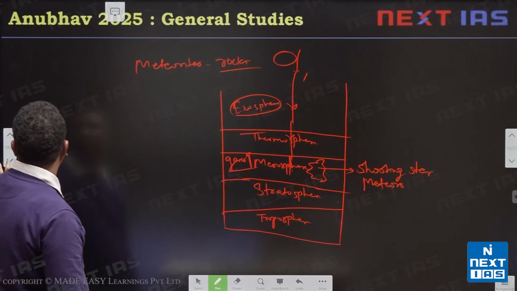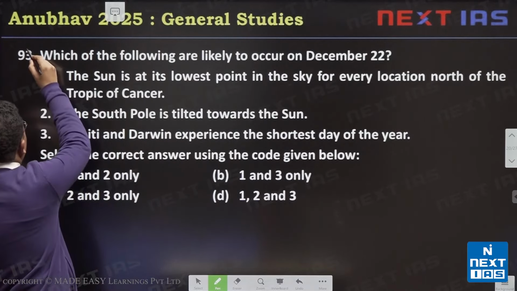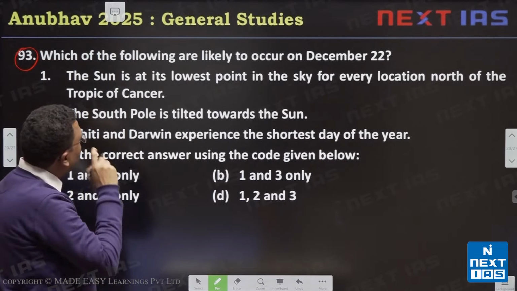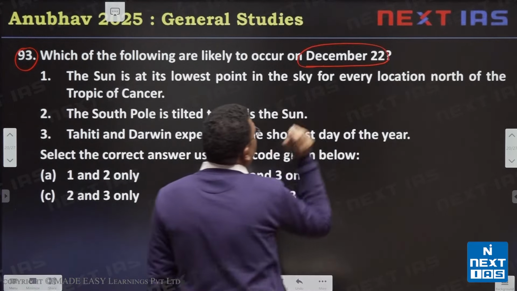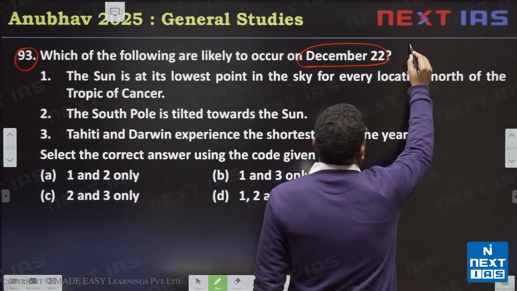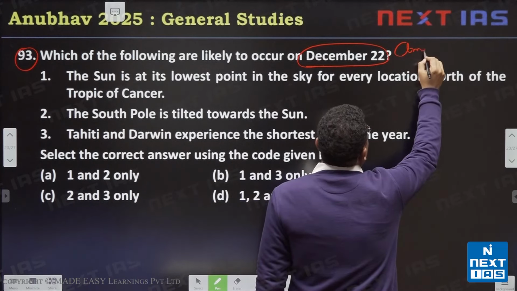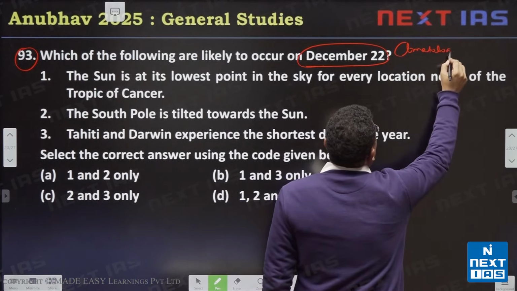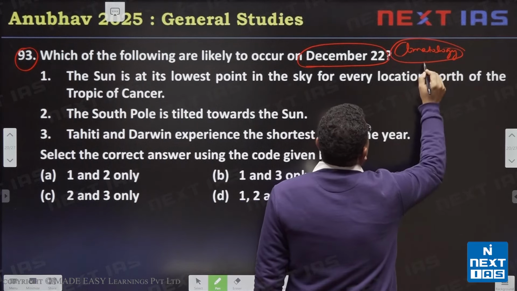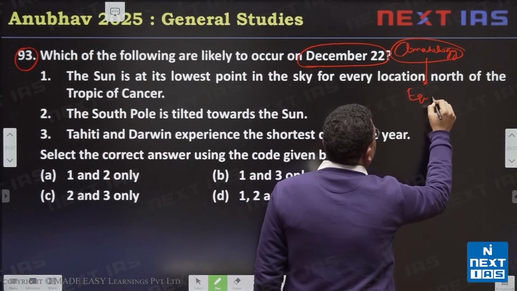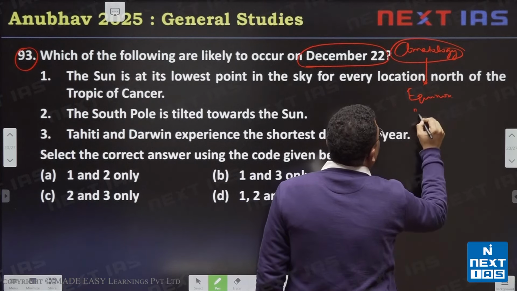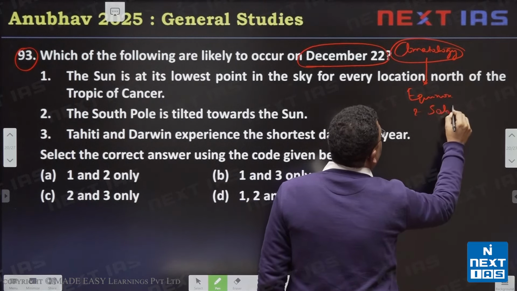Now let's move on to our next question, that is question 93. Which of the following are likely to occur on December 22nd, right? So this is a question from the topic climatology, and within this topic, this is based on the concept of equinox and solstice.